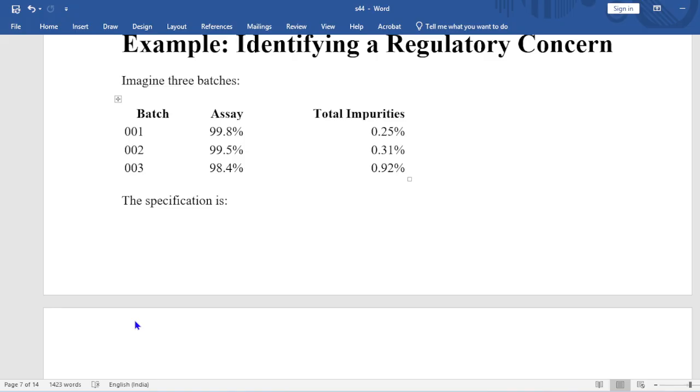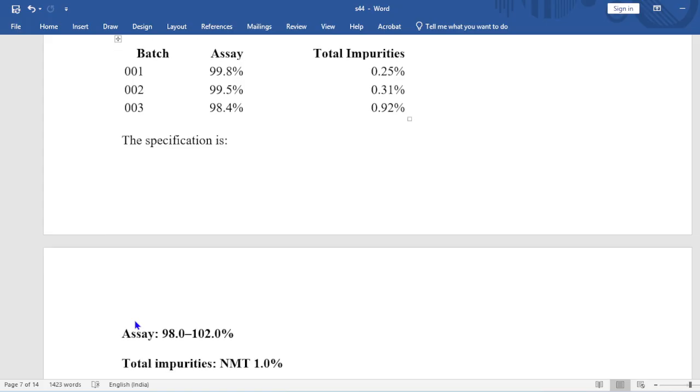The specification limit is 98 to 102 for the assay. All of these are in range, and for the impurities it is not more than 1%, so these also fall within the specification limit.